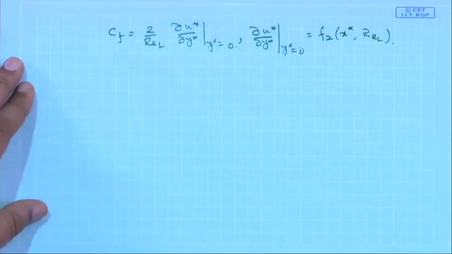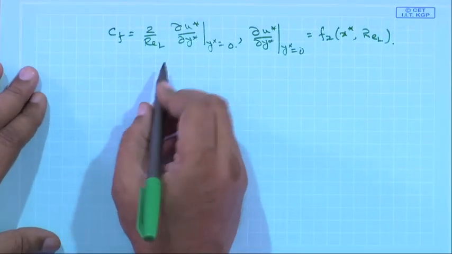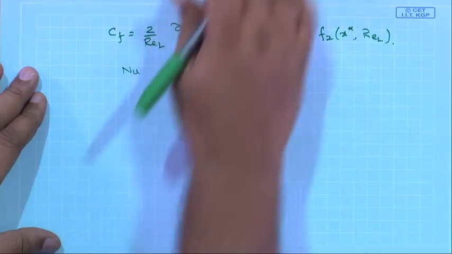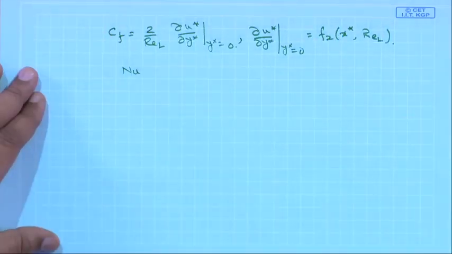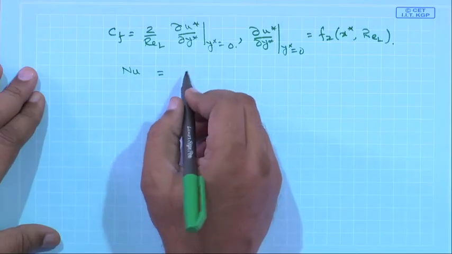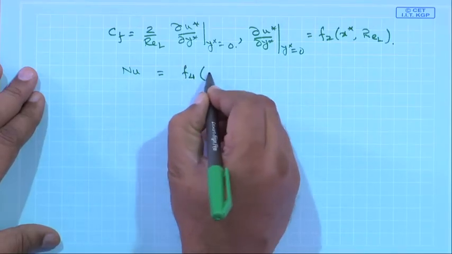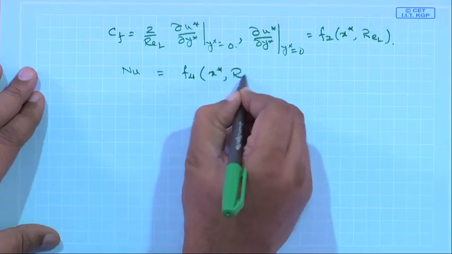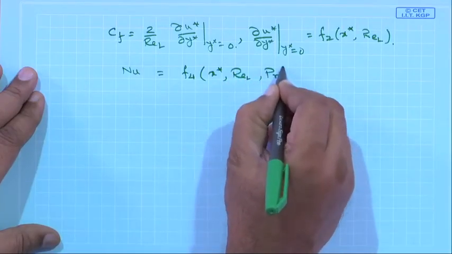And for the case of Nusselt number, it is simply equal to f4 of x star, Re_L times Prandtl number.